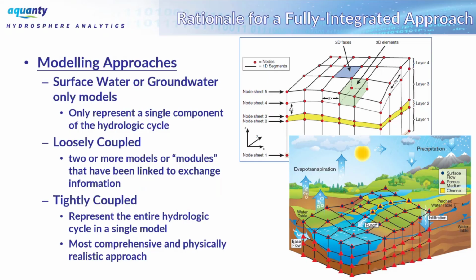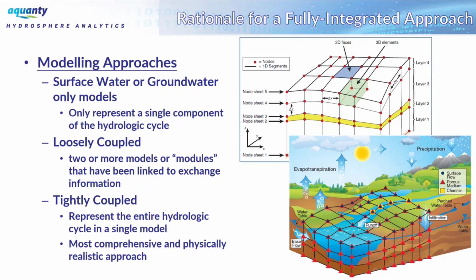The framework for coupled models that integrate multiple different sets of governing equations to represent flow through different parts of the hydrologic cycle has been around for a long time, but in the early days of hydrologic modeling, computer resources were somewhat limited, and so loosely coupled and tightly coupled models were not all that popular.